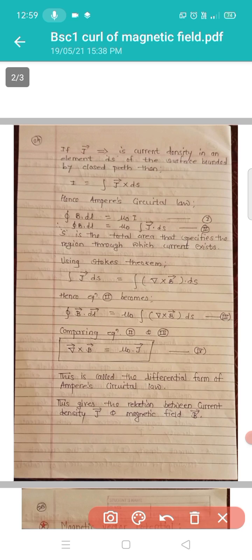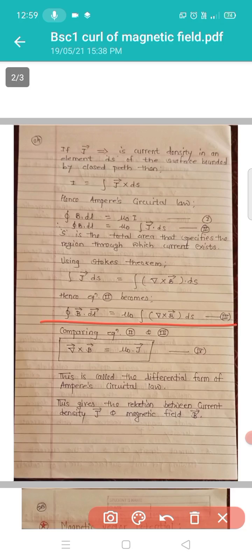Now, using the Stokes theorem, the line integral of B bar dot dl bar is equal to the integration of del cross B bar dot ds. So we get the line integral of B dot dl is equal to mu naught times the integration of del cross B bar dot ds, which is equation number 3.